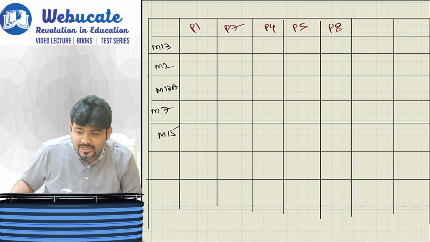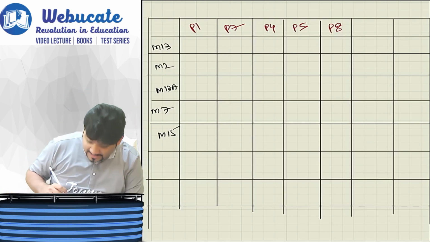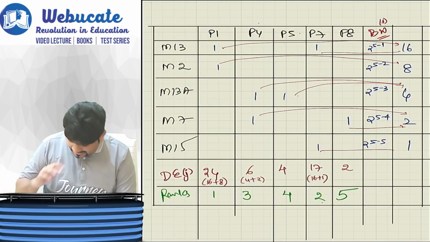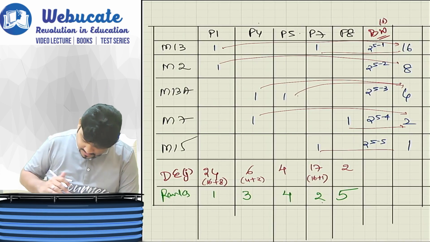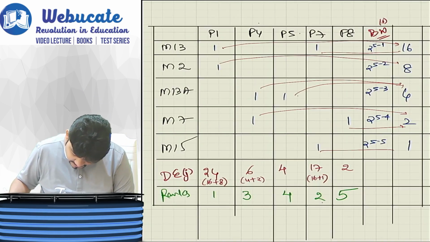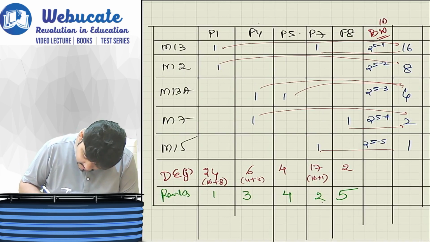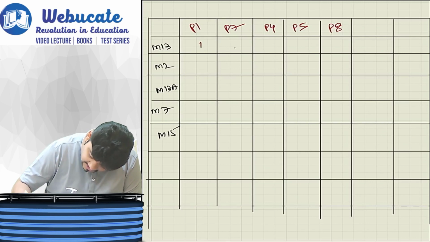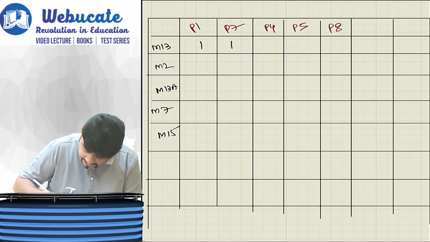So now we have P1, P7, P4, P5, P8. Now we have written everything as per ranks. M13 requires P1 and P7. Are you understanding, guys?